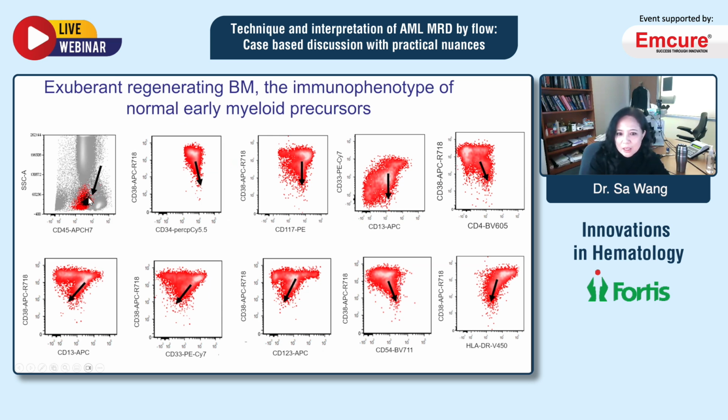Especially you see a lot in the 21 days bone marrow, after they gave G-CSF with high dose chemotherapy. So this is a very exuberant reactive case. You have these black cells as early stem cells. They usually have very bright CD34, low CD38, and they give you a bit of a barren CD33 and CD13 pattern.